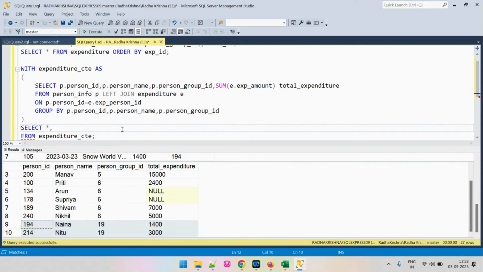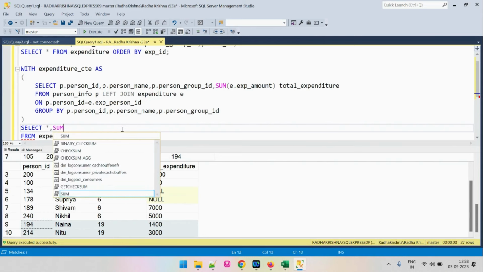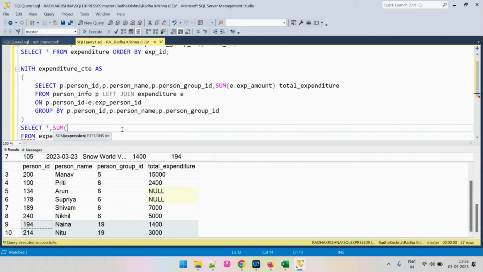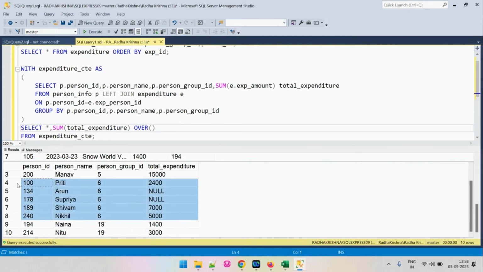Okay, so to find that out, we will use the sum function, and it will be a window function. We will sum on this column, that is total expenditure, and then we will use a window. What window will we define? We are interested in finding the sum over the group ID, so kind of we are doing the grouping on the group ID.